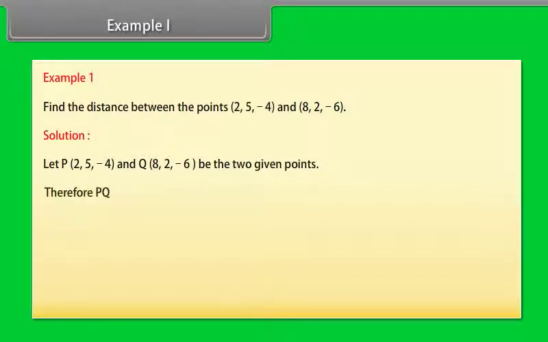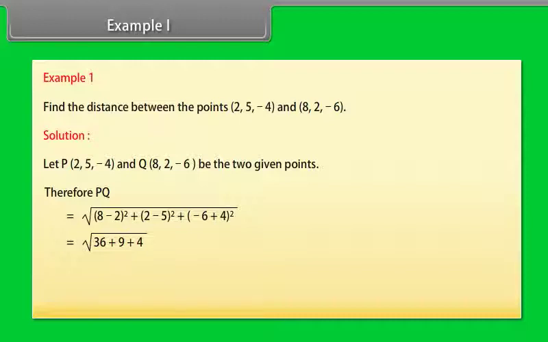Therefore, PQ is equal to square root of (8 minus 2) square plus (2 minus 5) square plus (-6 plus 4) square is equal to square root of 36 plus 9 plus 4 is equal to square root of 49 is equal to 7.